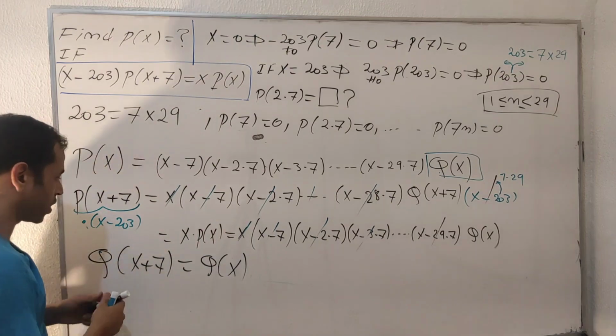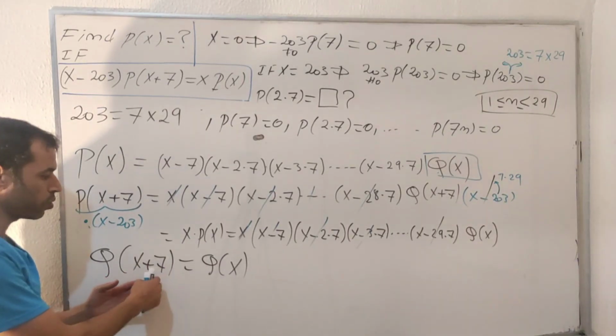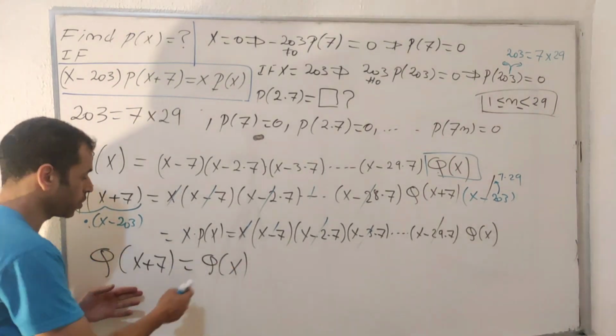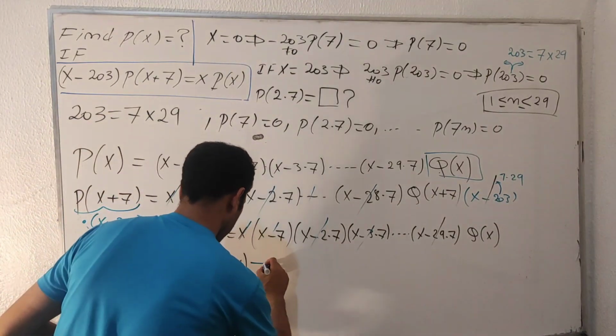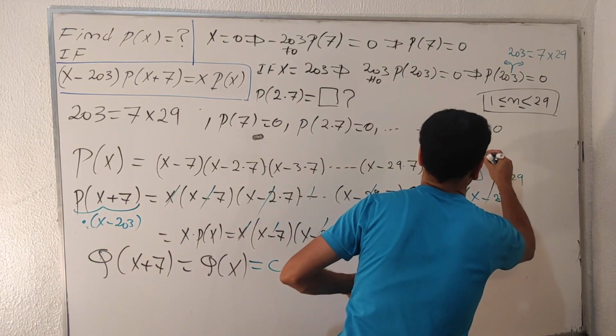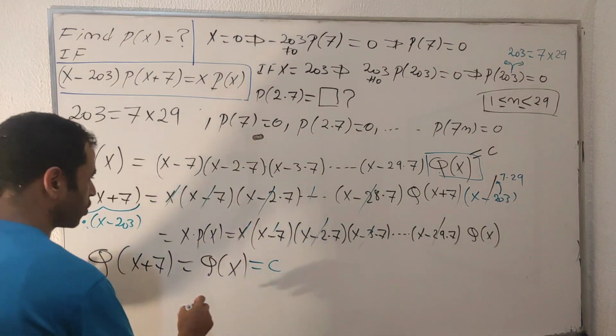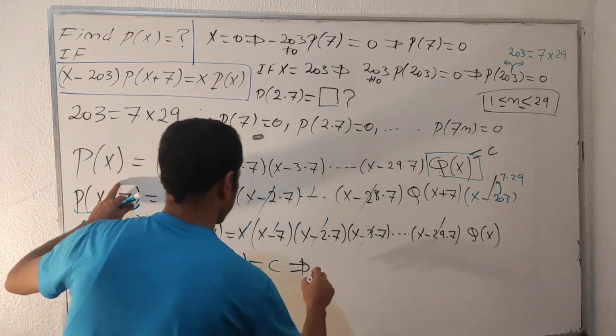When you see a function like this, where you add a term and it does not change, you have the same thing here, which means this one is a constant. So I'm going to replace q with c as a constant. Okay, finally we found p of x.